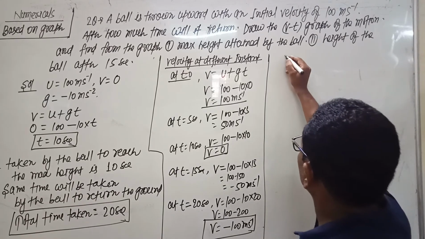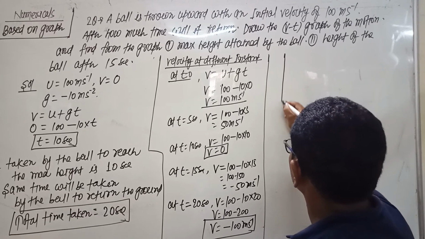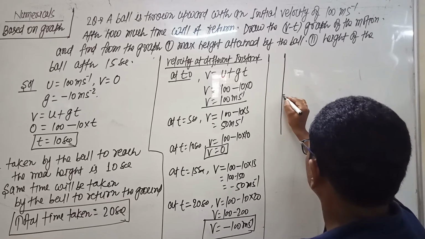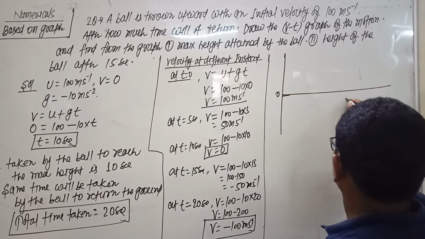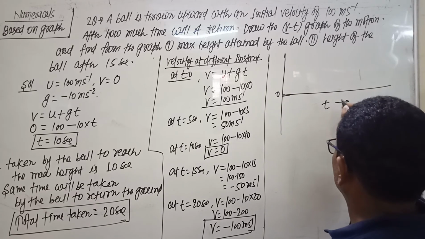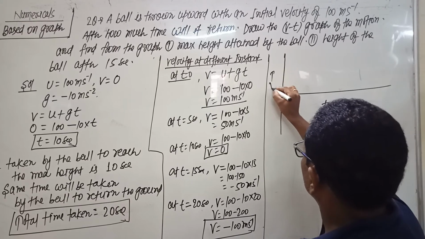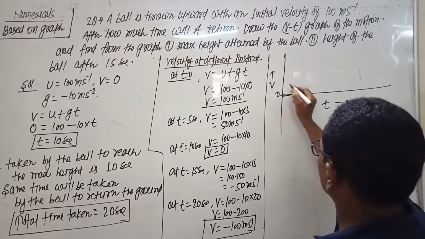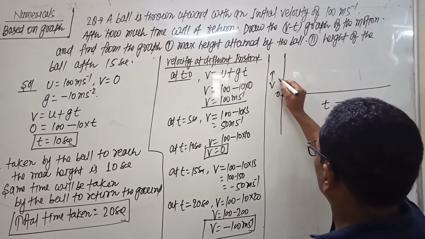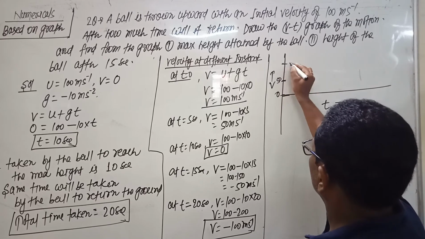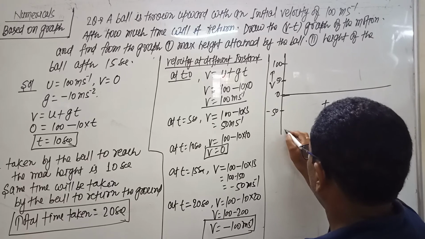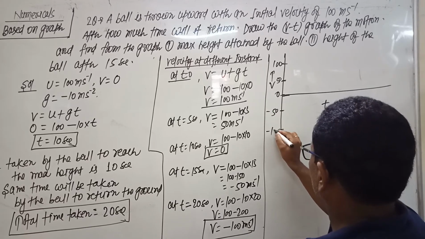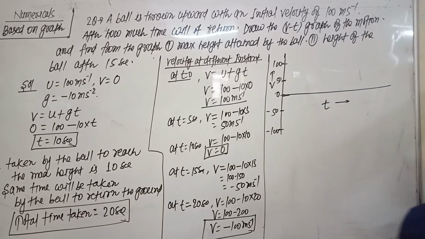Now we will draw the graph. This is the time axis, this is the velocity axis. Velocity values are 0, 50 meter per second, 100 meter per second, minus 50 meter per second, and minus 100 meter per second.